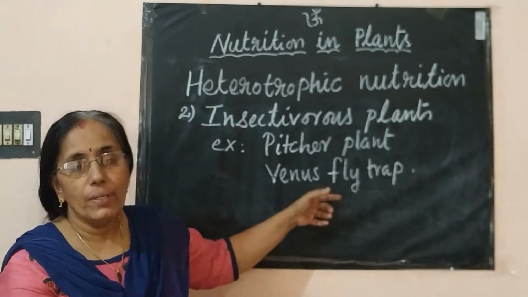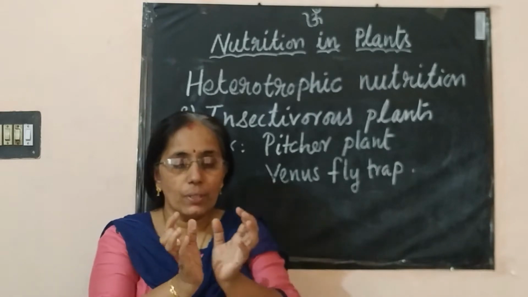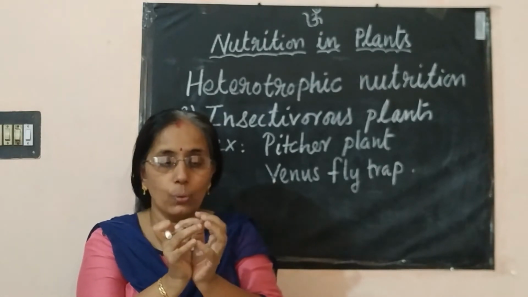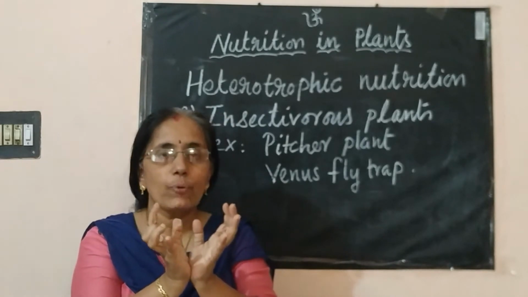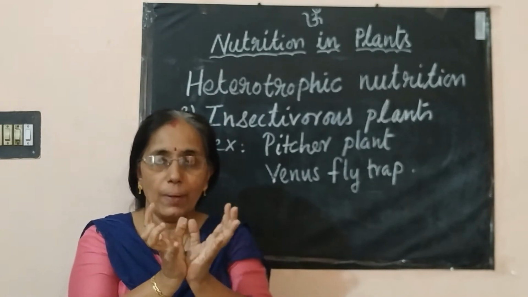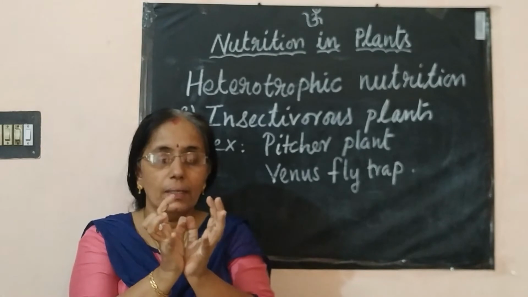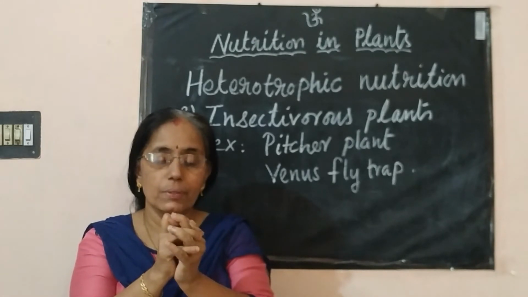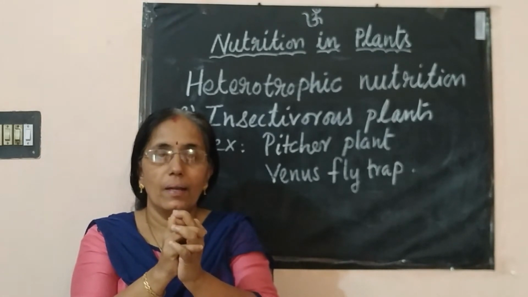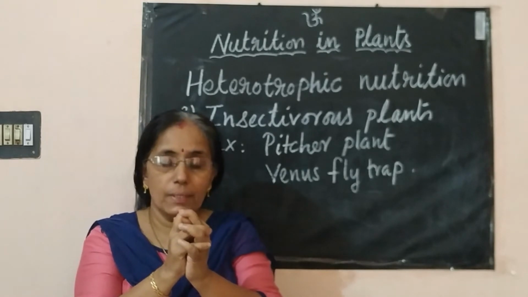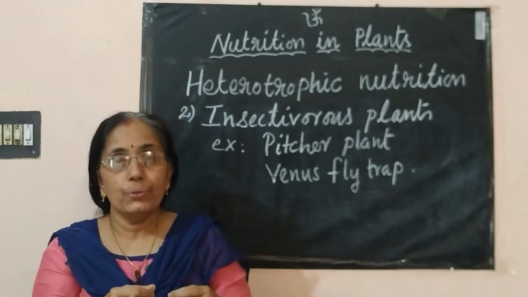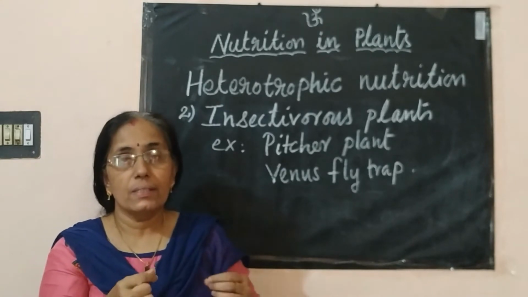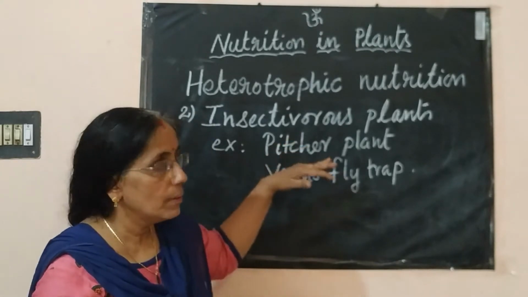Similarly, the Venus flytrap has a structure like this with thorns. It is kept open. When insects fly and come and sit in this part, suddenly it closes the thorns and the insect gets trapped inside the plant. Similarly, the digestive juice digests that insect and it is absorbed by the plant.